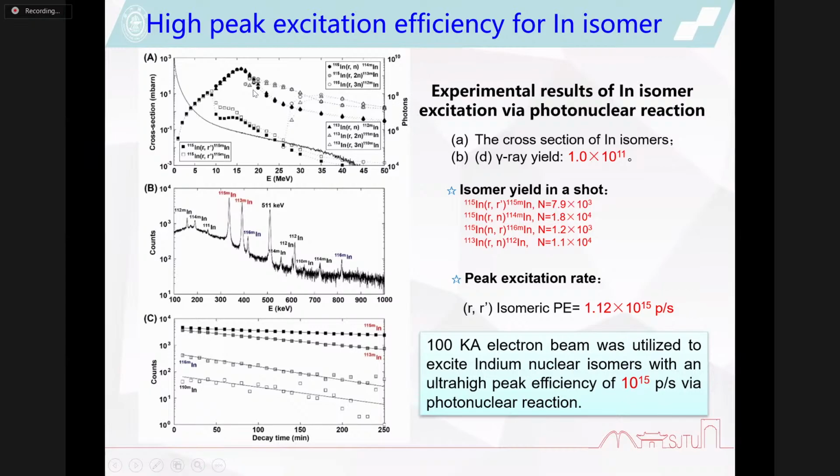Photons, and we got this kind of curve, and the photon energy can reach several tens MeV, because this is quite good for the GDR, the giant dipole resonance.